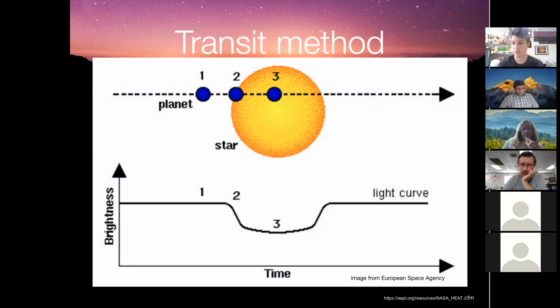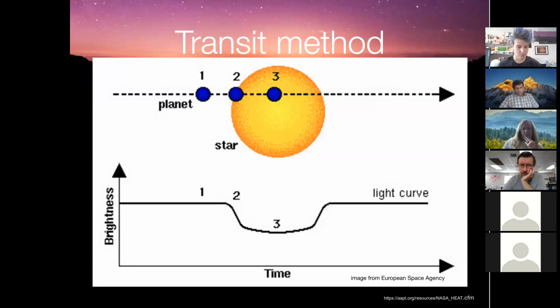It's incredibly tiny, this change in total light being given off. But this planet really does act basically like a black disk, blocking out that tiny bit of starlight that is directly behind it. Even though this is a really, really small change in the total light, we can glean some really, really interesting information from this.